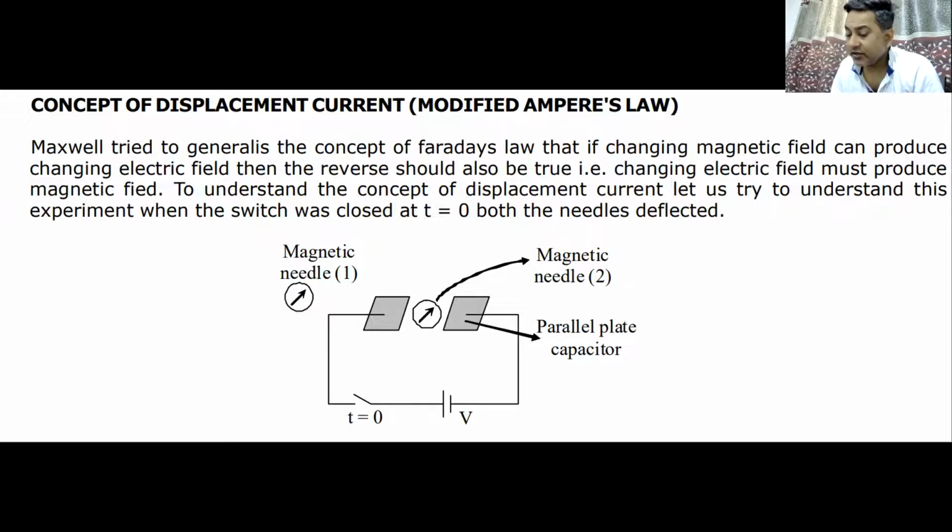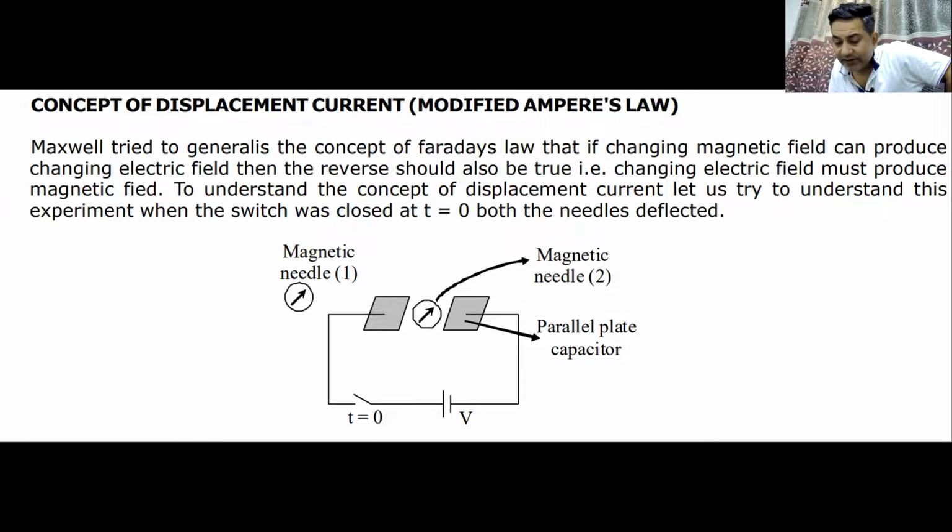Maxwell tried to generalize Faraday's concept. So, if a changing magnetic field can produce electric field, that is what Faraday said. Maxwell said a changing electric field will also produce magnetic field, and that gives us the concept of displacement current.